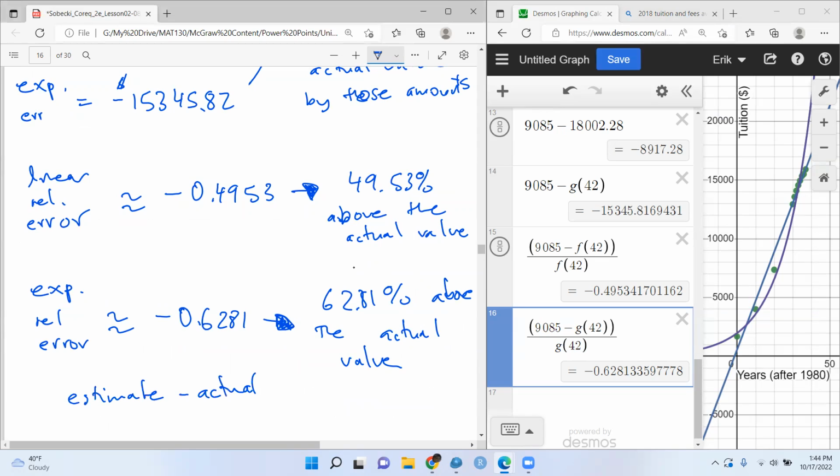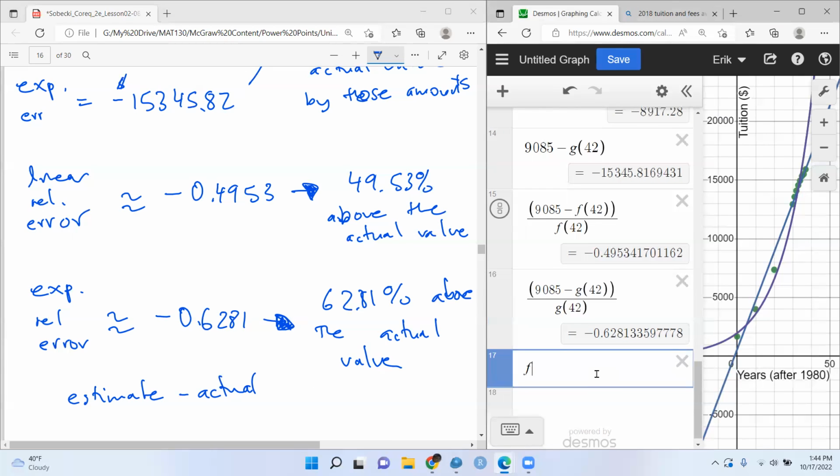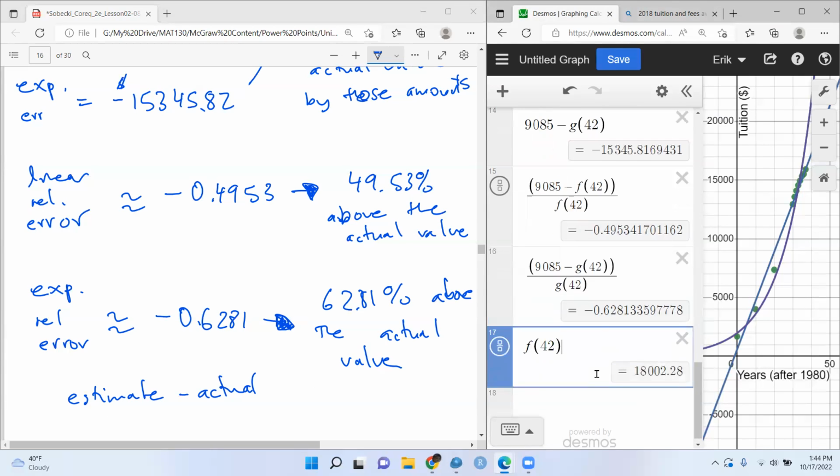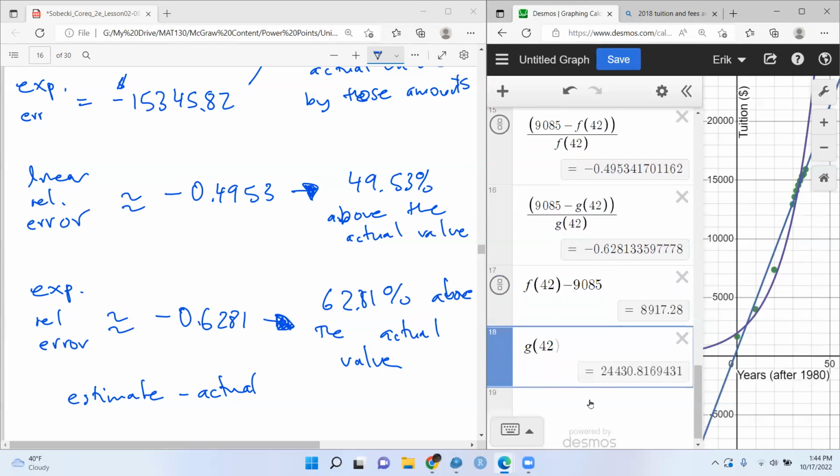If we flip these around and did actual minus estimate, so f of 42 minus 9085, you get a positive number. G of 42 minus 9085. And that's why the formula doesn't actually matter what direction you do it. You get the same results when you interpret it.